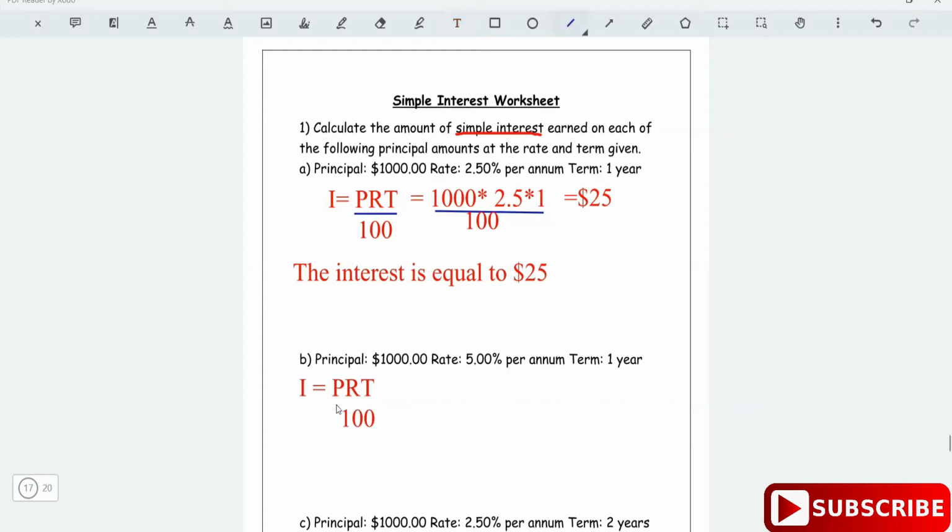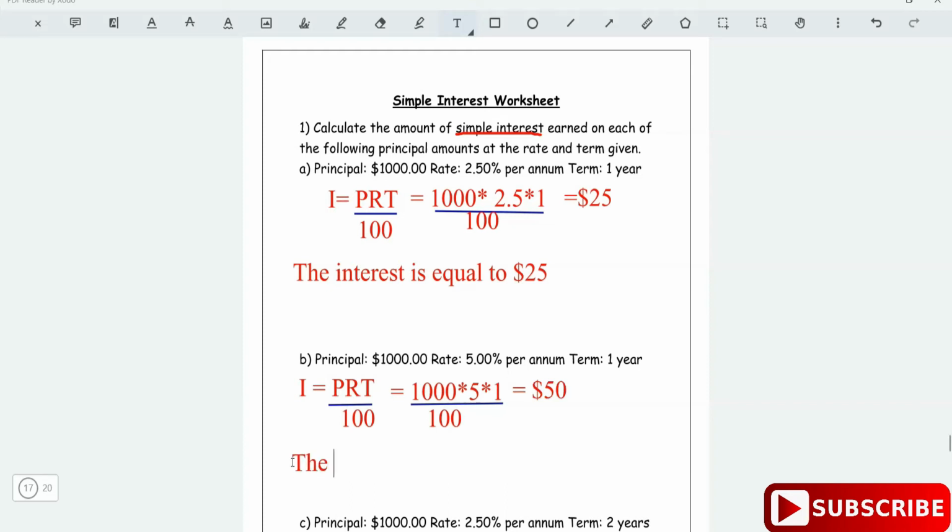Our principal is 1,000 times our rate of 5% times 1, all divided by 100. So we do that, and we get 1,000 times 5 times 1 divided by 100, which is $50.